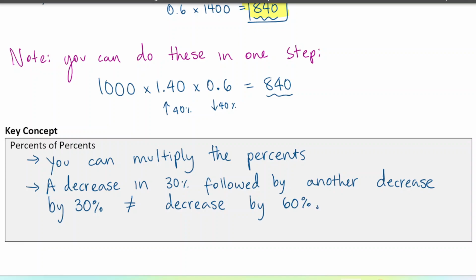When you do consecutive percent increases or decreases, those percent changes are taken off of different numbers, so they don't add like that. All right, so that is the end of that lesson.